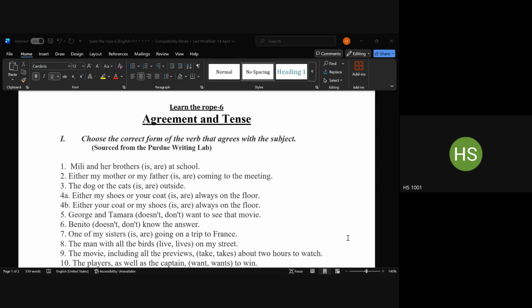Now, how do you understand that? Let's change the number of the subject in she lives in Chennai. Let's say they. If I change the subject to they, then what do you write? They live in Chennai. So is this a present tense sentence or a past tense sentence?